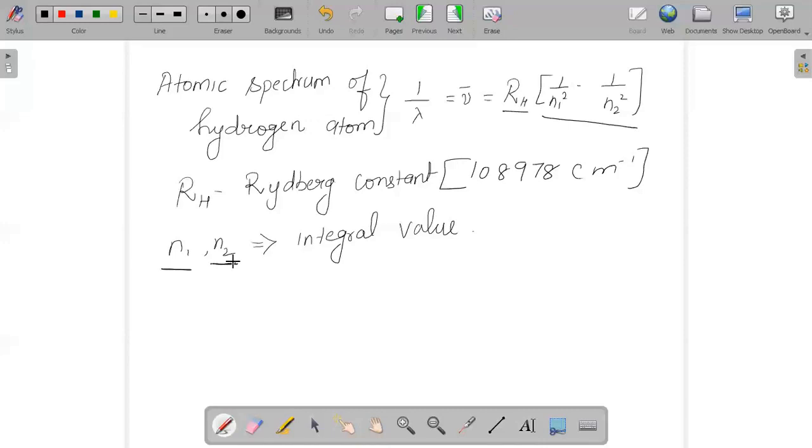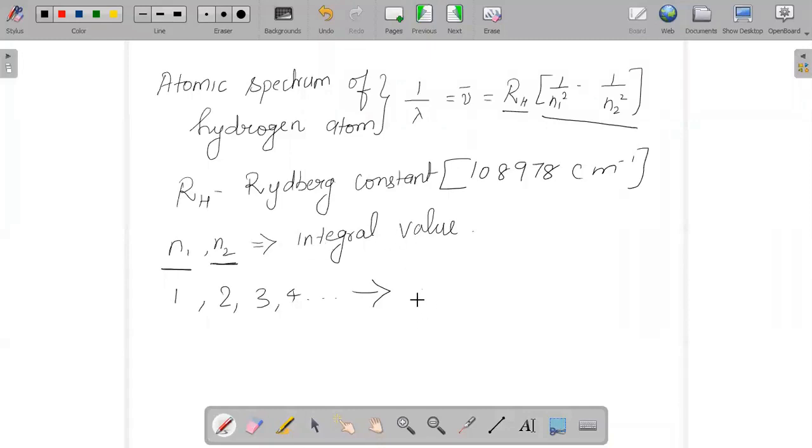It is vice versa: if you know any one, you will be able to analyze the other. If I say the N1 value is 1 and N2 could be 2, 3, 4 and so on, then if you calculate the value based on this wavelength, you will be able to say which region it is falling in, or what the spectral region is.